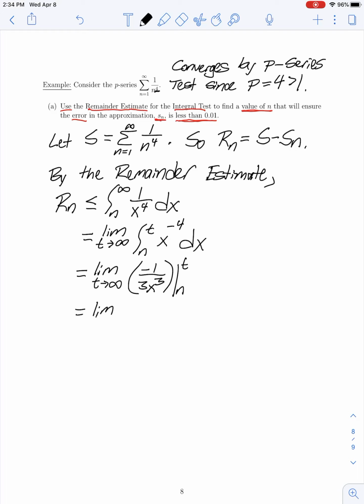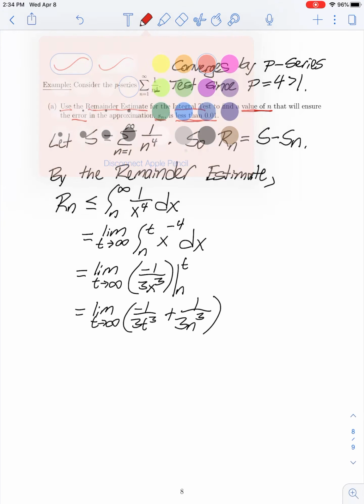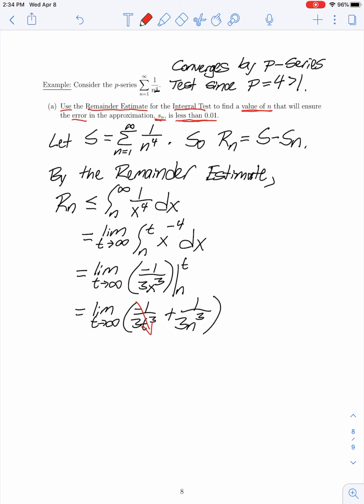So that gives us the limit as t approaches infinity of negative 1 over 3t cubed minus a negative, so plus 1 over 3n cubed. And as t approaches infinity, this first term, 1 over 3t cubed, will approach 0.